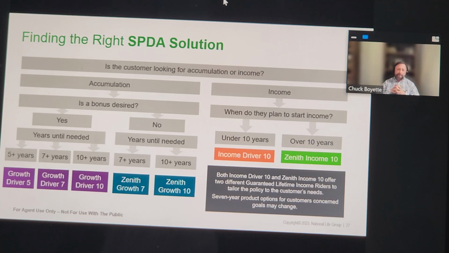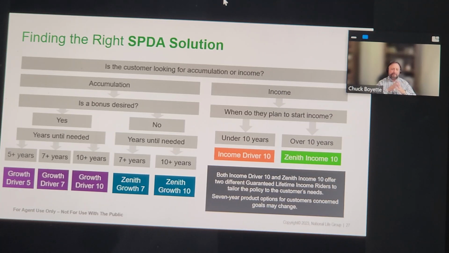But the first question is, is the customer looking for accumulation or income? So if they're looking for accumulation, you go down to the left-hand side. And then the next question is, are they looking for a bonus? If they're looking for a bonus, then our Driver products are the only ones that have bonuses for accumulation, right?